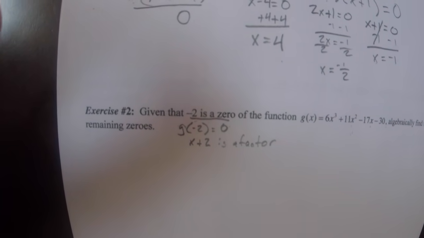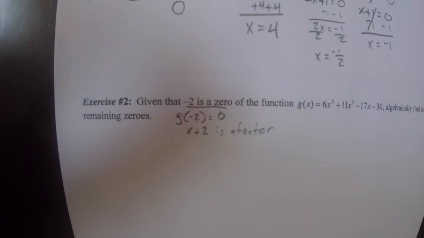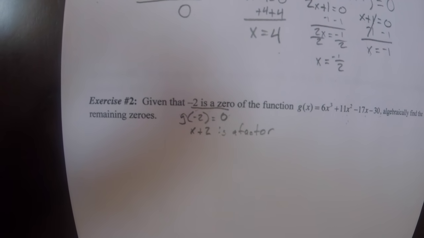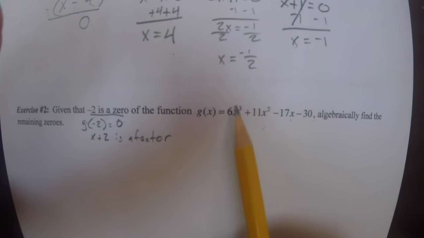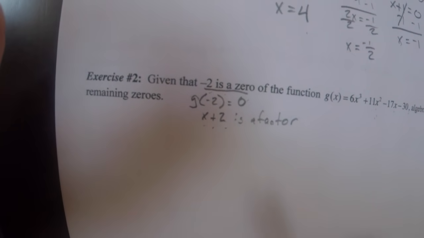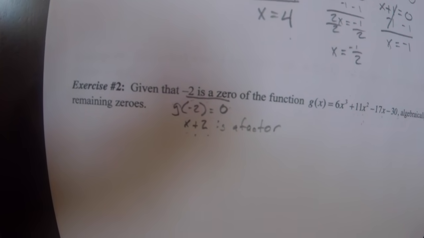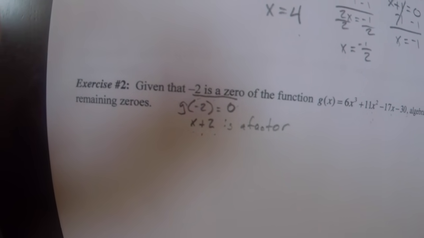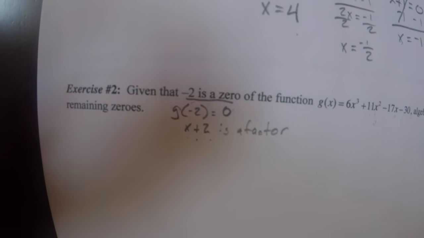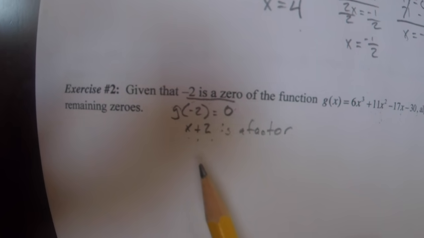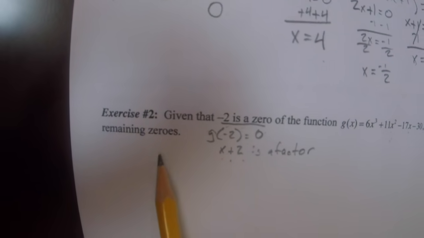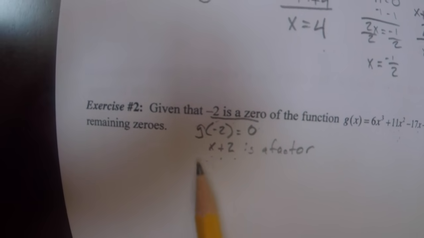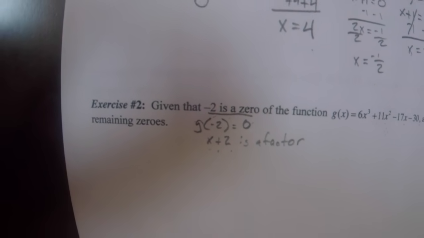Okay? So, what does that mean? That means if I divide this function, g of x, by x plus 2, then the quotient will be the other factor. x plus 2 times the quotient would give me g of x. So if I need to find all the zeros, first I need the other factor. What would the other factor other than x plus 2 be?